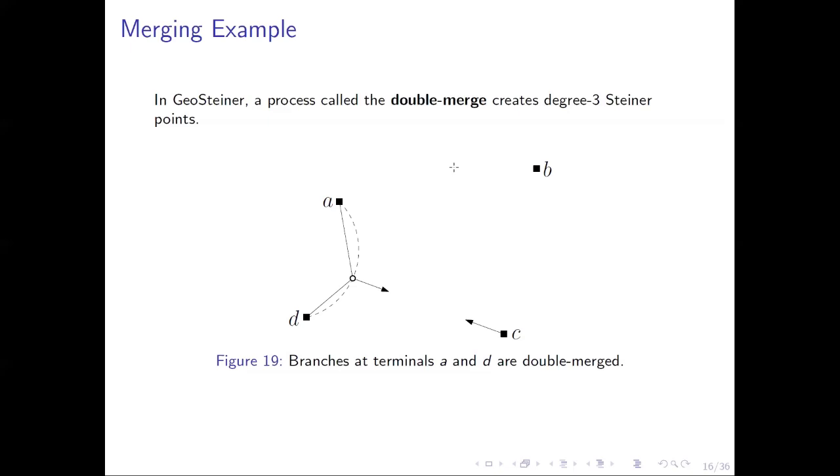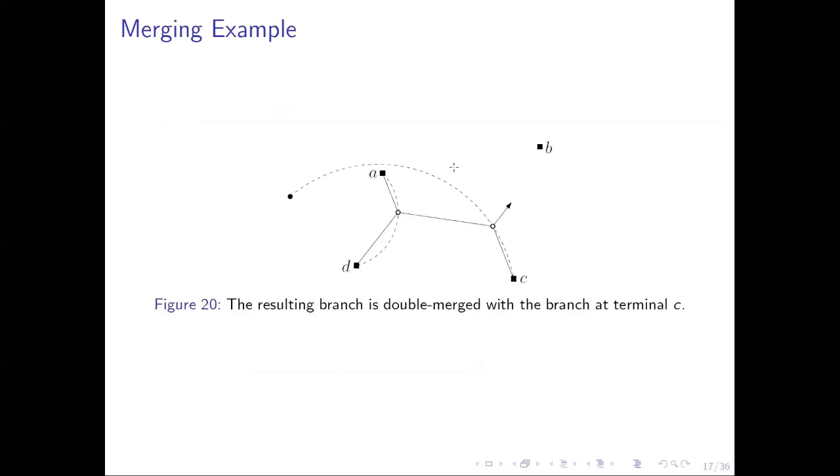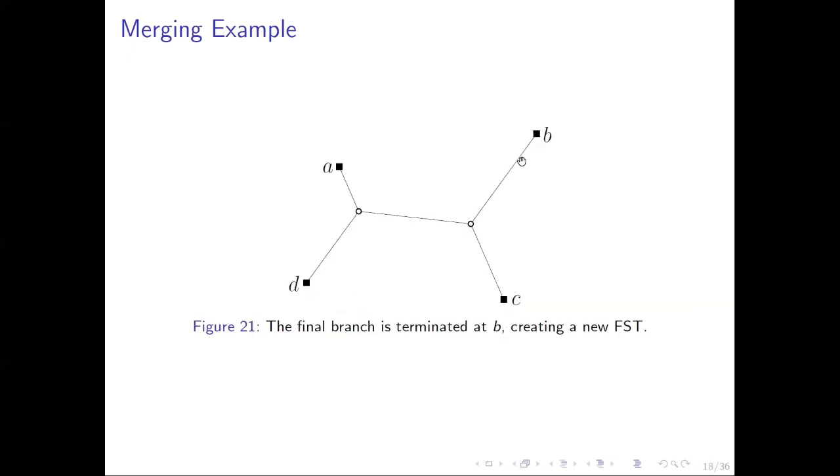So in the next step, we're going to double merge again. And again, we create a 3 Steiner point and a bunch of rays, indicating where we can merge next. And it turns out there's a suitable ray that goes to terminal B. So we can terminate, and boom, it creates an FST.